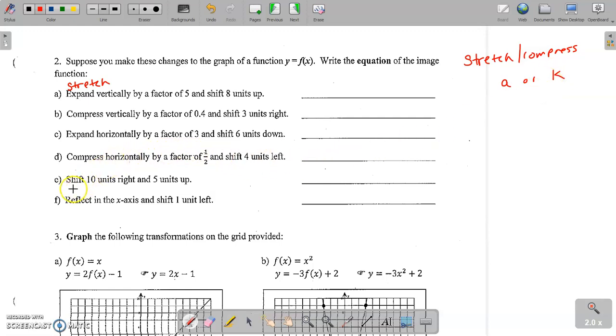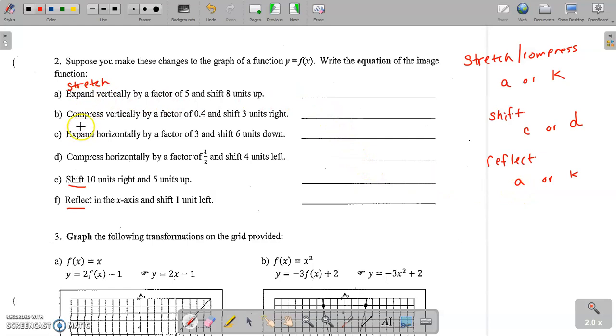Whenever you see a shift, it's going to affect the c value or the d value. And a reflection is always going to affect either the a or the k. It simply makes them negative.